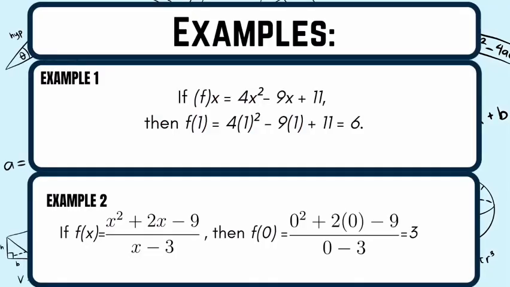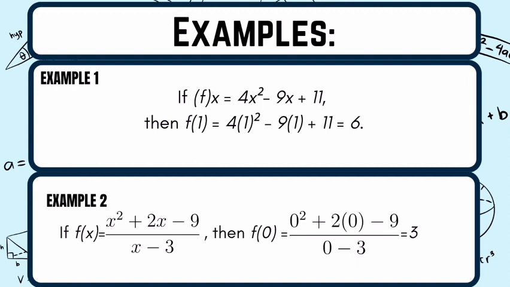So here are some examples. Example number 1: if f of x is equal to 4x squared plus 9x plus 11. So the function here is simply the whole equation, 4x squared plus 9x plus 11.